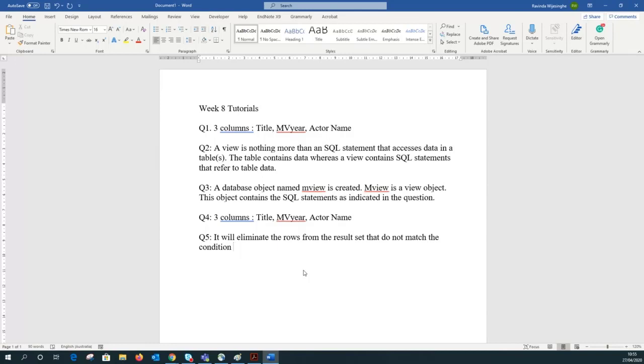The condition is movie year is equal to 1998. So we can say the remaining rows in the result set are the answer to this question.